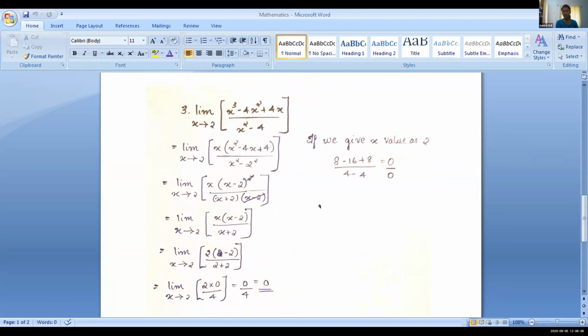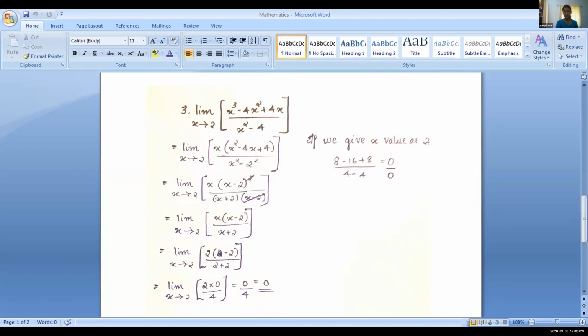Abarna, can you read the third question? The limit x tending to 2, where x cube minus 4x square plus 4x divided by x square minus 4. Okay, thank you.